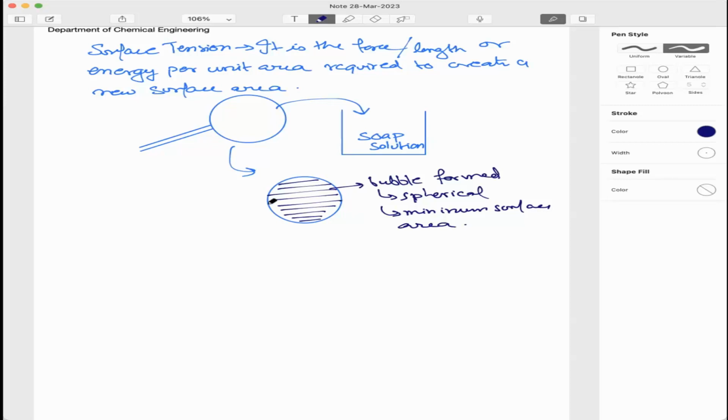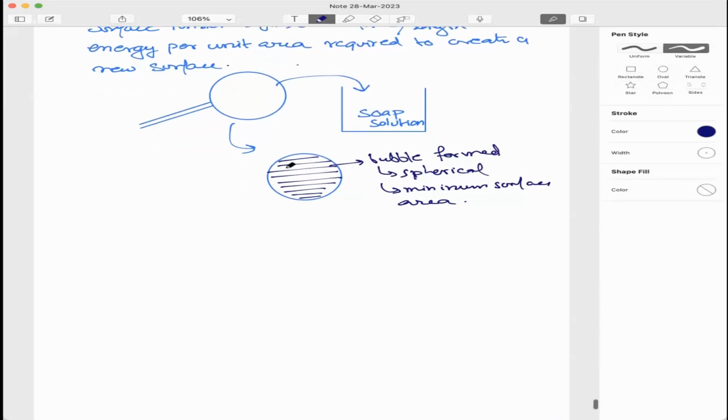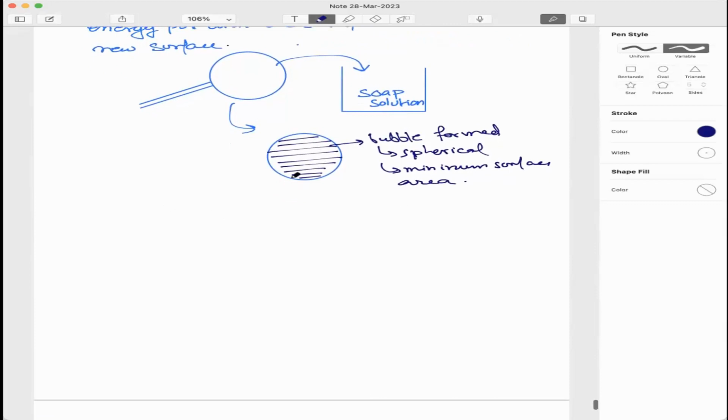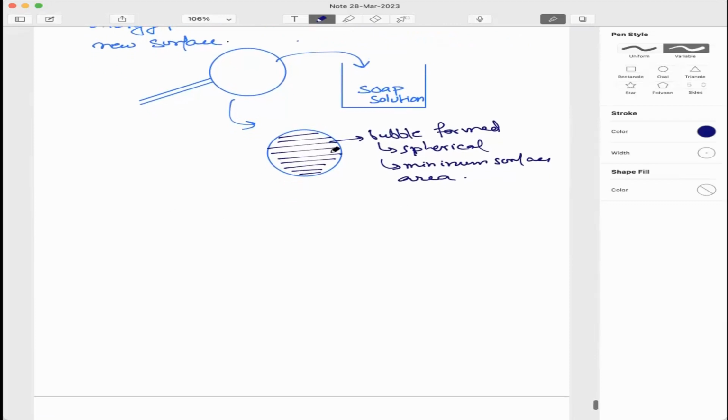There is one more experiment to see the effect of surface tension. If you have a system where you have a film of a soap solution on this ring, and you put a closed thread over there randomly, then nothing will happen.